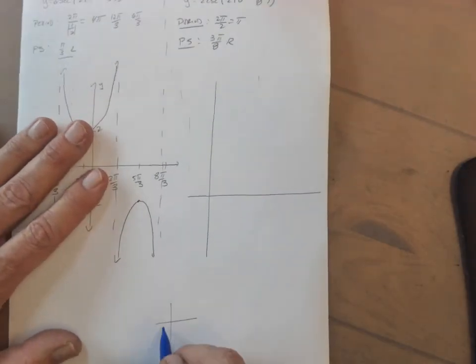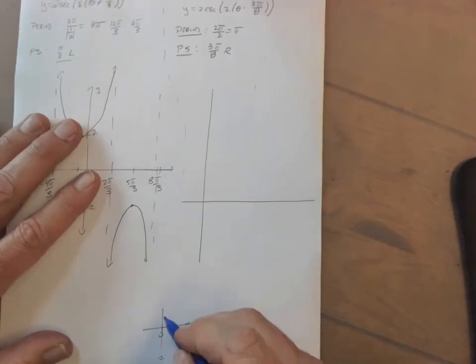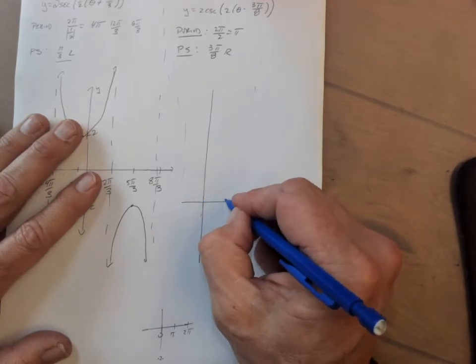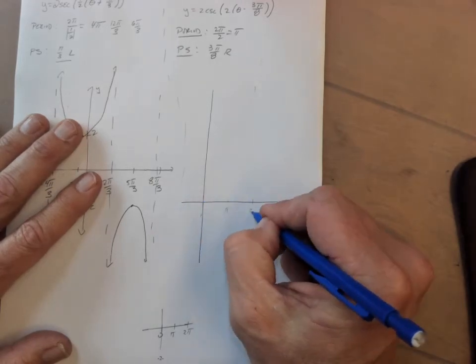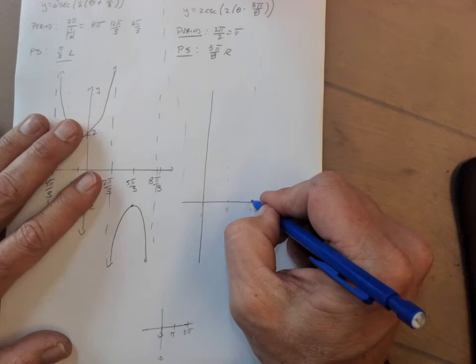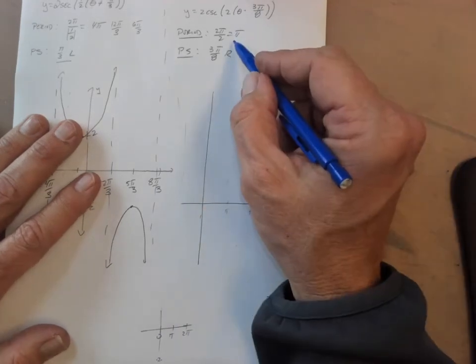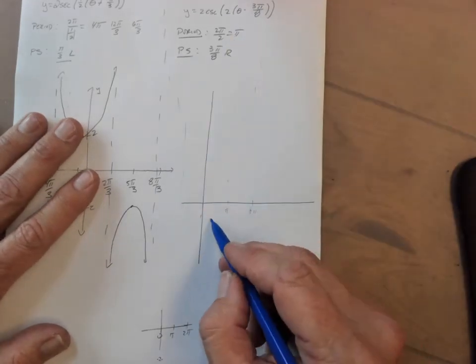Sine has zeros at 0, pi, 2 pi, right? All the multiples of pi. And that's where you would normally have asymptotes. So you would have an asymptote at 0, at pi, at 2 pi.